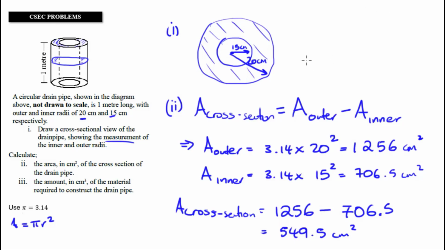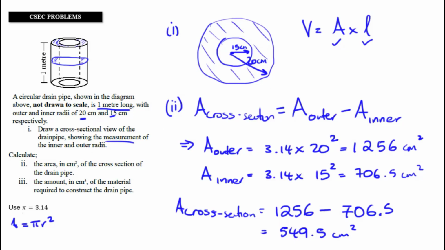Remember that it's coming from the idea that the volume is equal to the area of the base or cross section times the length. And we already know the area, and the question tells us the length. The length is 1 meter long.